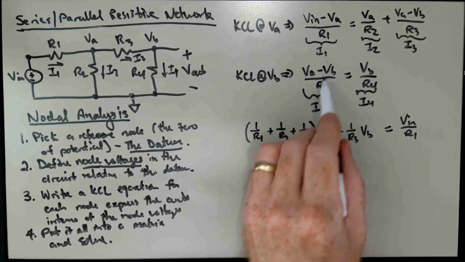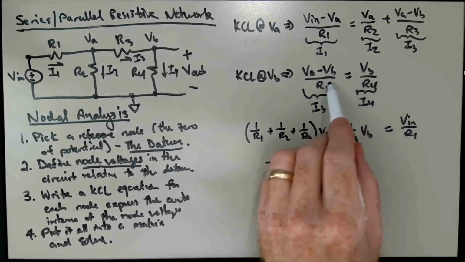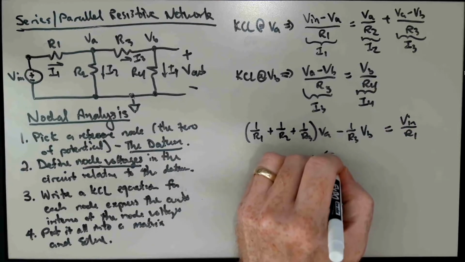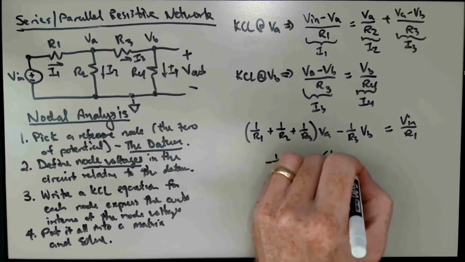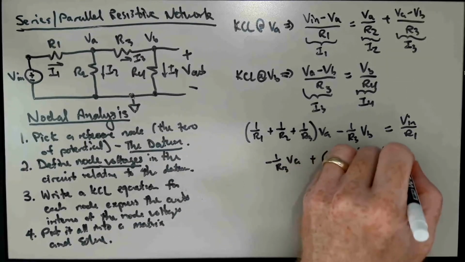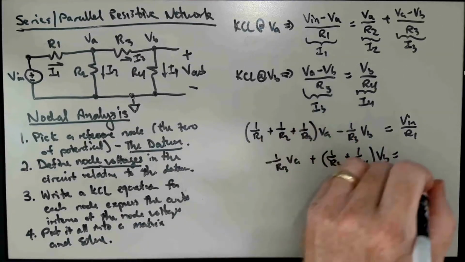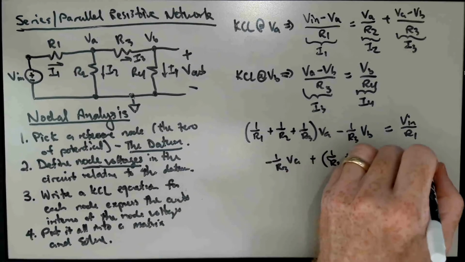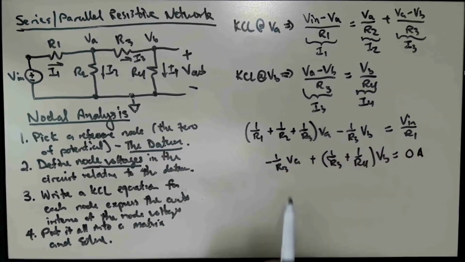We're going to have a plus 1 over R3, we've moved that to this side, plus 1 over R4 VB, and that's going to be equal to 0 since that's what's left over here. And that's 0 amps because this is a V over R kind of equation, and these are currents because they're KCL equations.